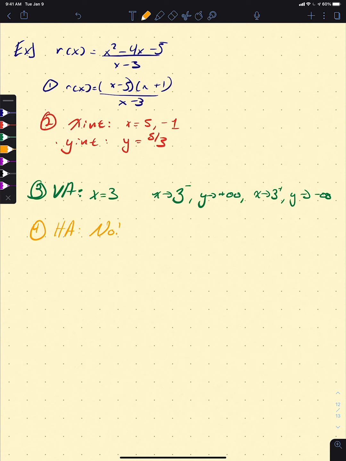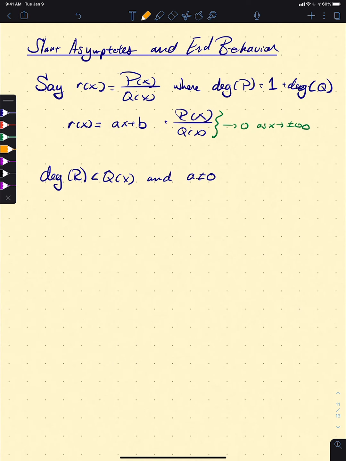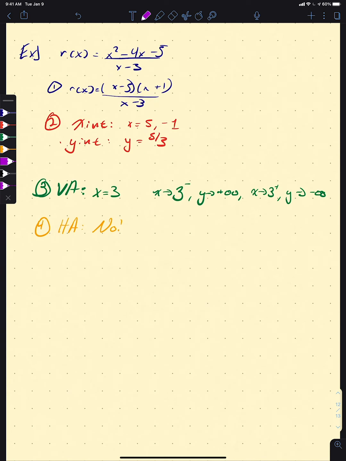But we do have a slant asymptote, right? These slant asymptotes are what these guys are called, right? I guess I should have said that this is a slant asymptote. So taking a look at this, okay, let's divide this through, right? So we're dividing by x minus 3, and then our coefficients are 1, negative 4, and negative 5.